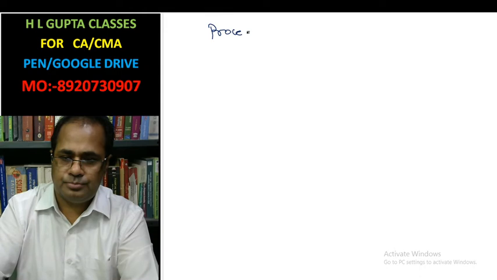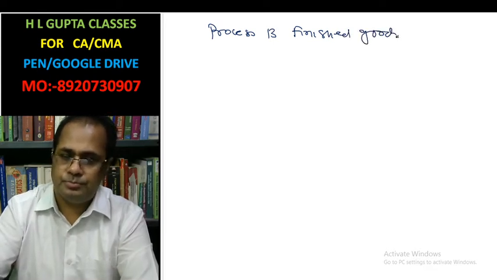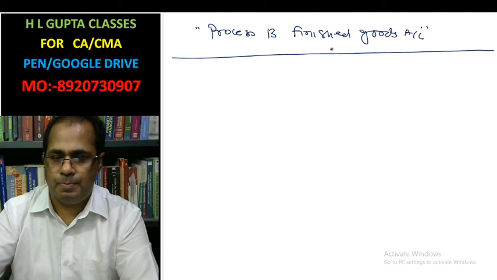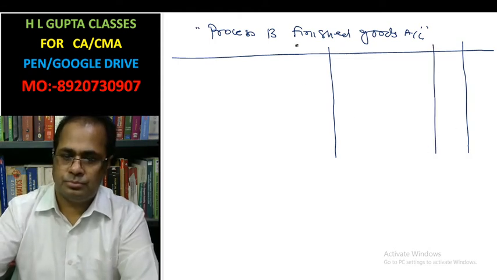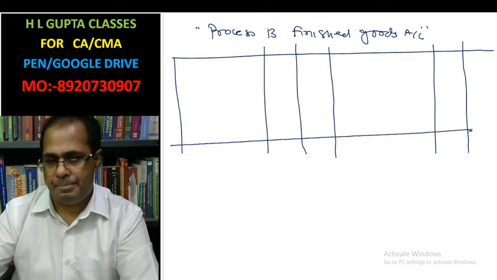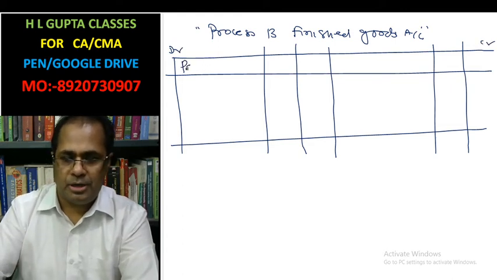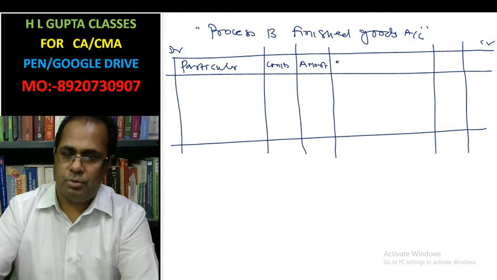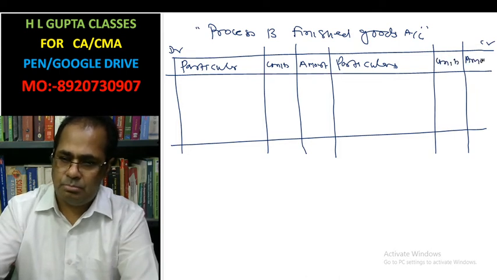Process B finished goods account. Particulars, units, amount, particulars, units, amount.